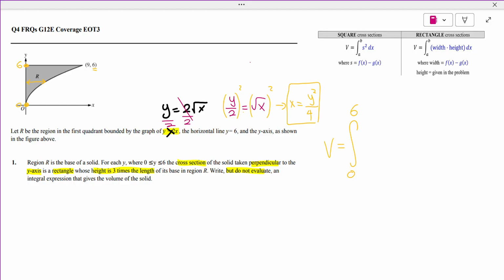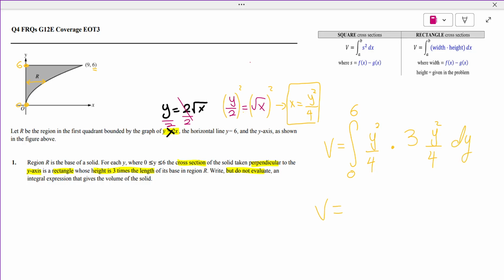So this is going to be y squared over 4 times the height. The height is 3 times the length of the base. The length of the base is the same as the width or the length. So it's y squared over 4 dy.